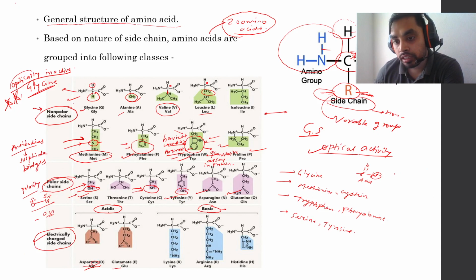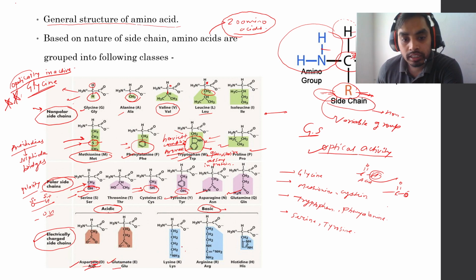In chemistry you might have learned this. So if H is lost, then it becomes a conjugate base. Okay, so then the suffix changes from acid to ate. So this is aspartate, this is glutamate.